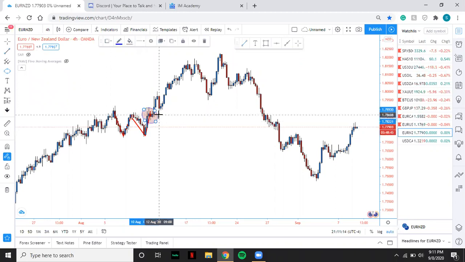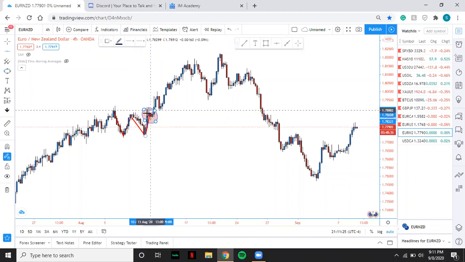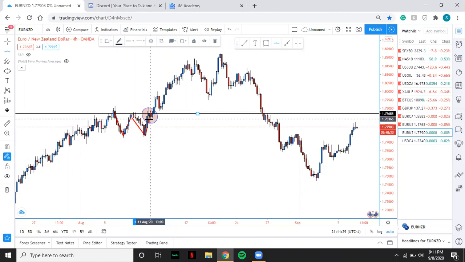So the market already formed a W, and now you're predicting that the market is going to go up right when it's done forming the W. So right when you see the market finish forming the W, at this point in this circle, you will buy. And as the market is going up, you're making money. That's how simple trading is.